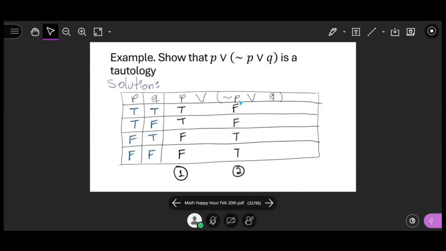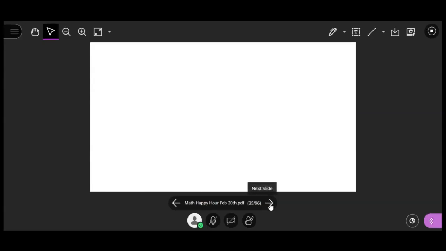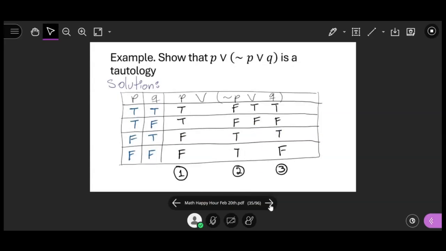Then inside the parentheses, false, false, true, true, since we have negation. Then we do Q: true, false, true, false, that's number 3. And we do the disjunction inside. False, true is true. False, false is false. True, true is true. And true, false is true. We can label that as number 4.